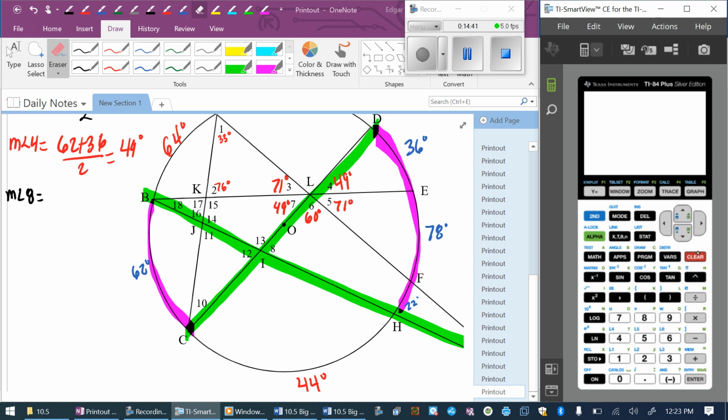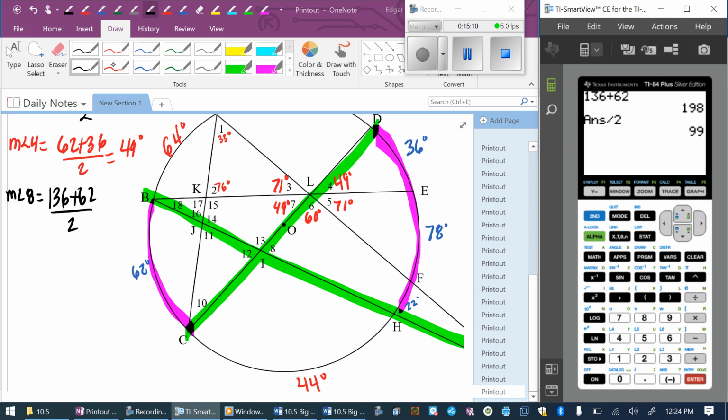So this is going to actually be 36 plus 78 plus 22. That gives me 136. So 136 plus 62. That's gonna, and then I'm gonna divide that by 2. So let's see what we get there. So that's gonna be 136 plus 62 divided by, whoops, not multiplied, divided by 2 is going to give me 99.